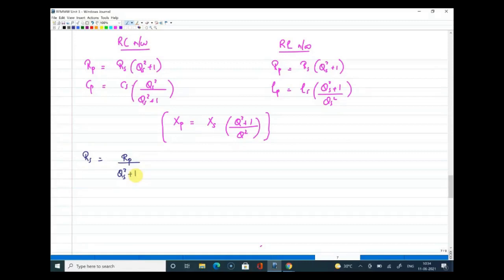So if I want to convert a resistance from a high value to a low value, definitely we need to do some parallel to series conversion. That is what I am trying to tell you from this formula. So I want to make the resistance low, I do some transformation from parallel to series.